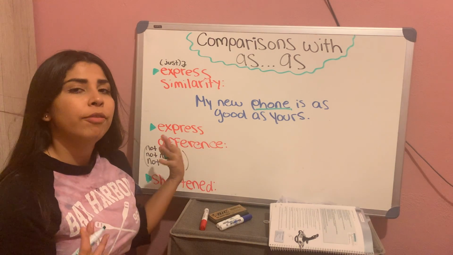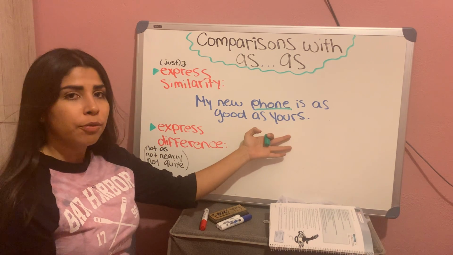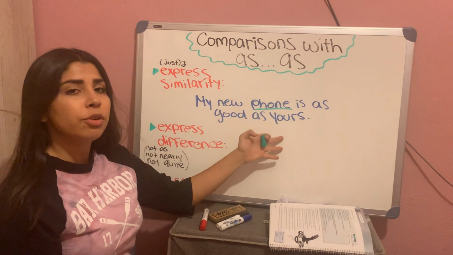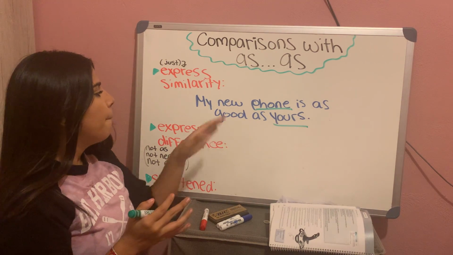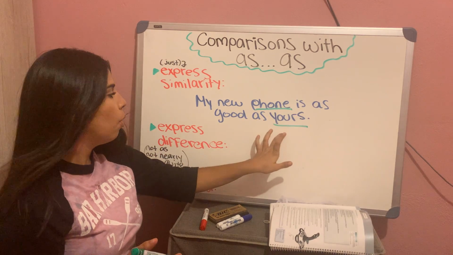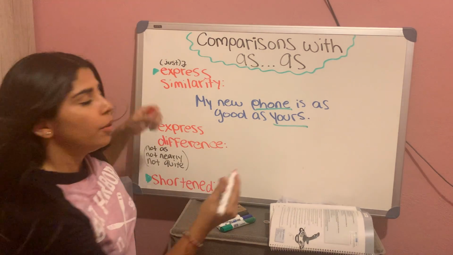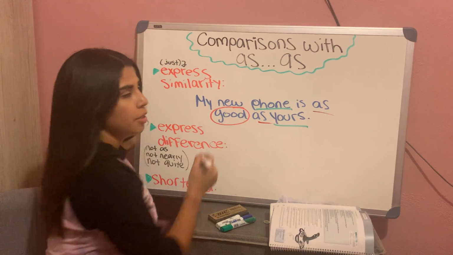I'm comparing a phone to who? To your phone. So I'm comparing my phone to your phone. I say my new phone is as good as yours. As you can see, in the middle of as, I have an adjective.